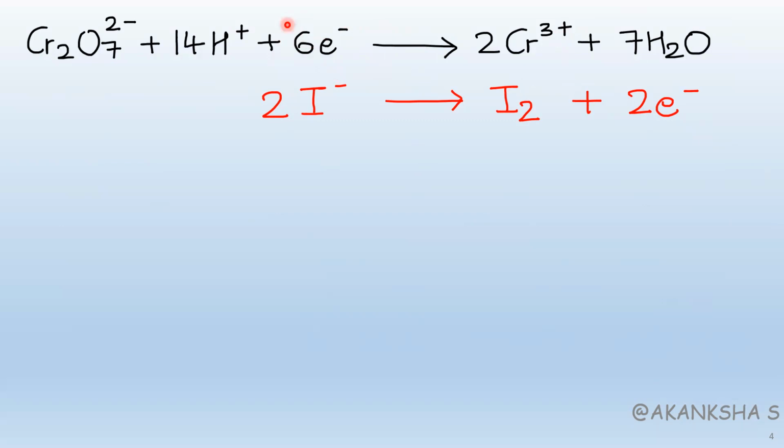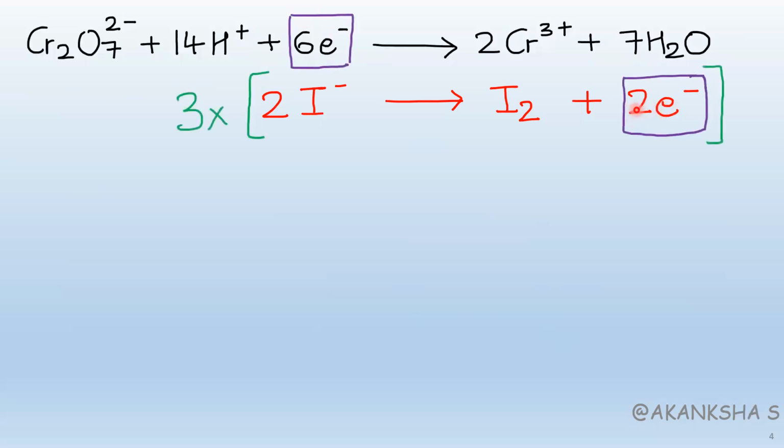We try to avoid writing electrons in our reaction. But you can see in the first reaction, we have 6 electrons, and in the second reaction, we have 2 electrons. We need to somehow convert these 2 electrons into 6 so that 6 and 6 can cancel. The best way to do it is to multiply the entire equation by 3.